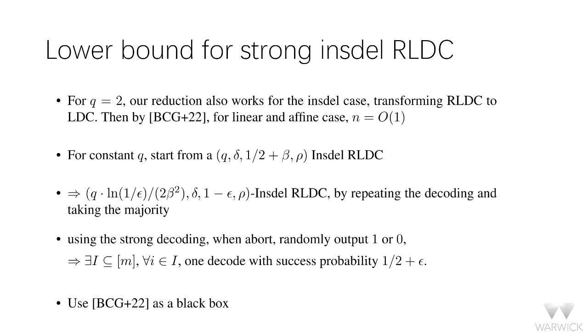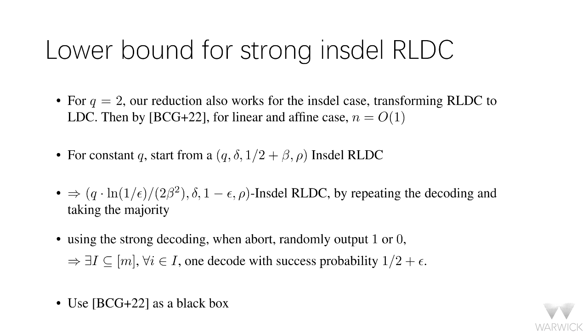And for constant Q, if we start from a Q, delta, half plus beta, rho strong in-style RLDC, we can show that a transformation can also be established. We mean that we can still transform this kind of RLDC to a standard LDC.